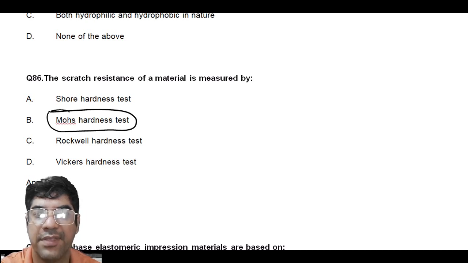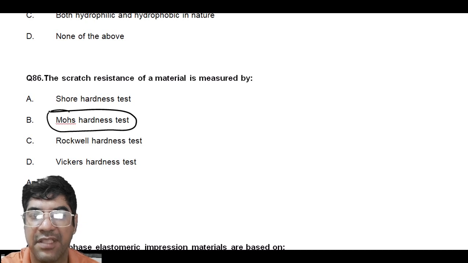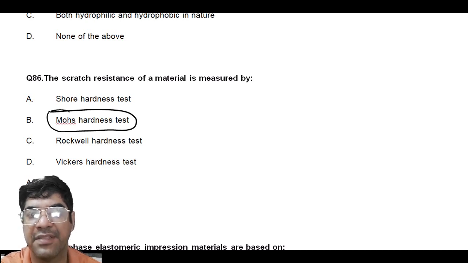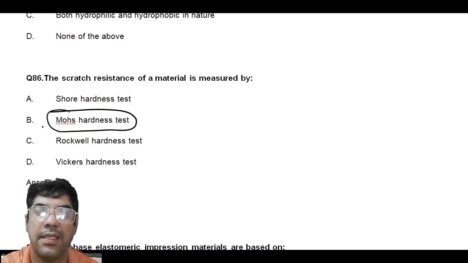The Mohs hardness scale ranks the scratch resistance of materials.